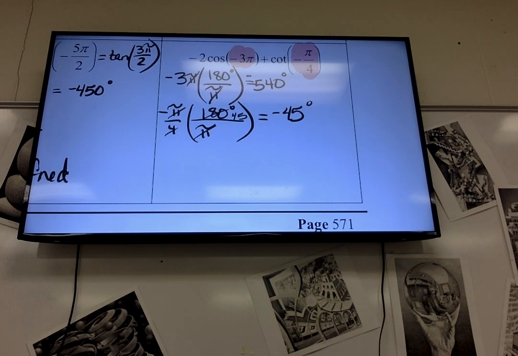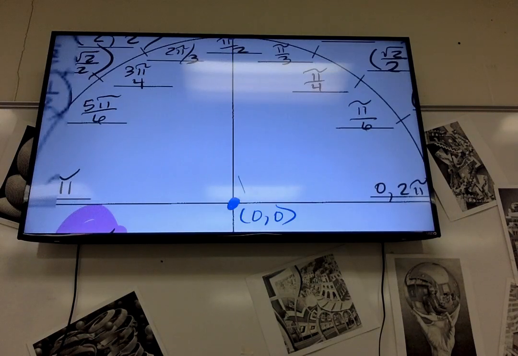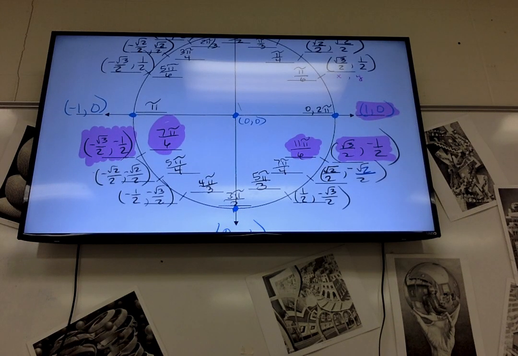So we have negative 540. So the unit circle, negative 540. Of course, all angles start on the positive x-axis. Negative means that the side rotates clockwise. So if I go all the way around in a circle, it's negative 360.